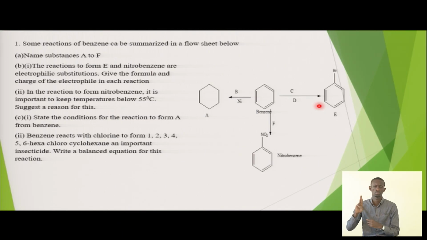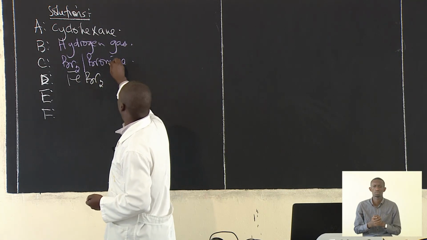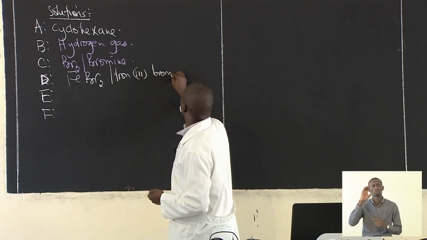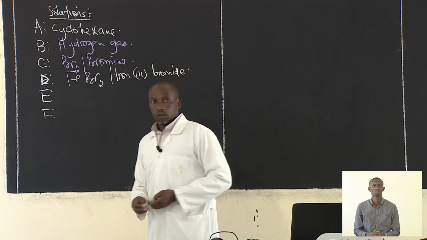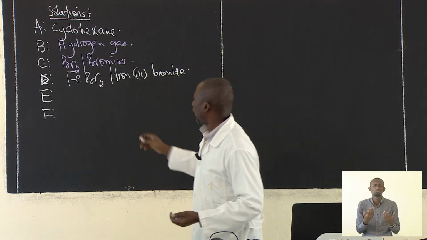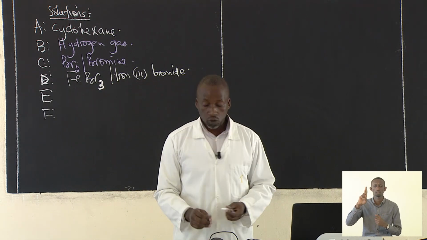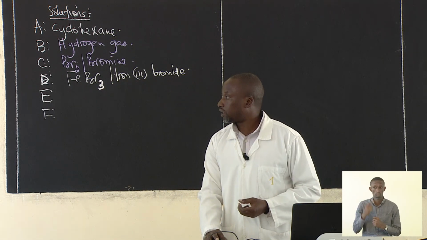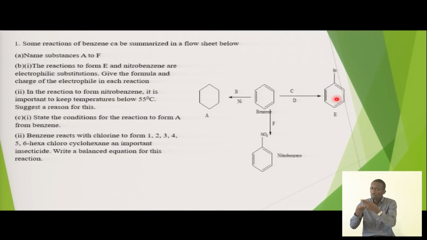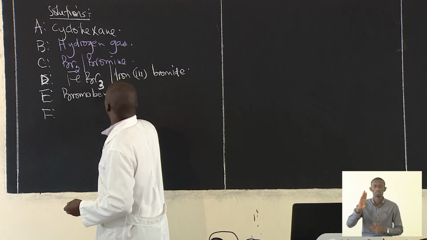So here we can use iron 3 bromide or any other halogen carrier, not necessarily iron 3 bromide. So we go to part E. Where is E? So they need the name of this one, which will be bromobenzene.